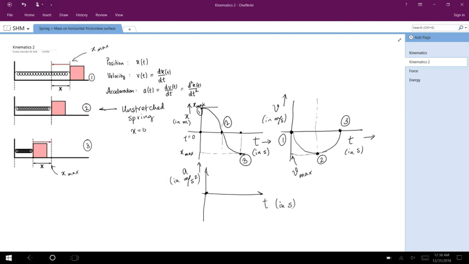Okay, so now if you consider position number 1, we see that the block had maximum acceleration at that point, and that acceleration was pointing in the negative direction. So this point over here with a max, that's the point that represents point number 1.